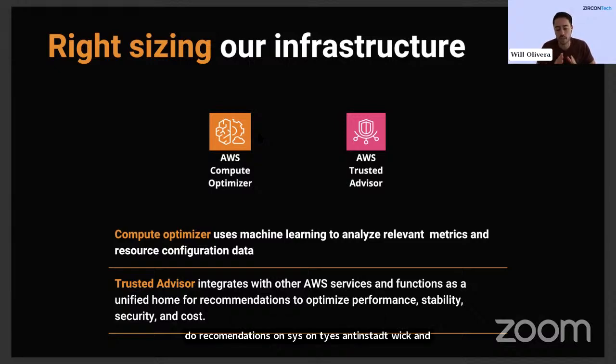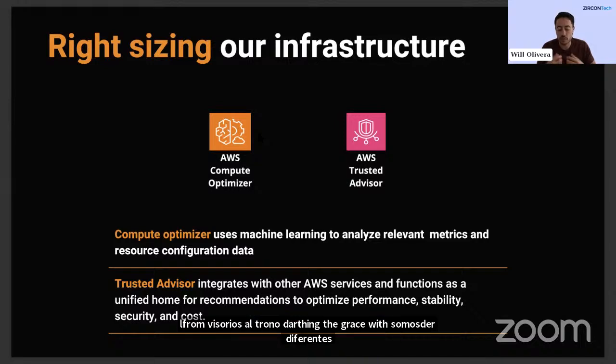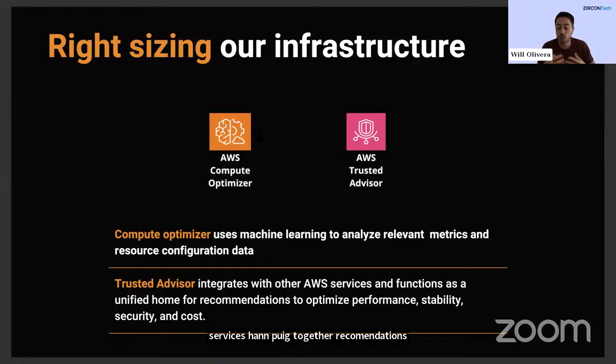Alternatively, we can use AWS Trusted Advisor, which integrates with some other different services and puts together recommendations, not only in terms of cost, but also in terms of security and performance. So it goes beyond that. So how do you decide which one to use?